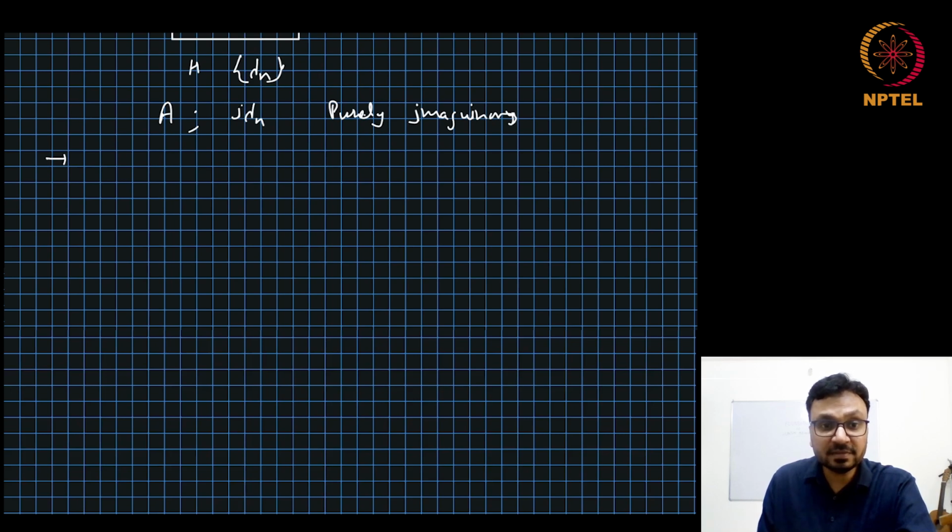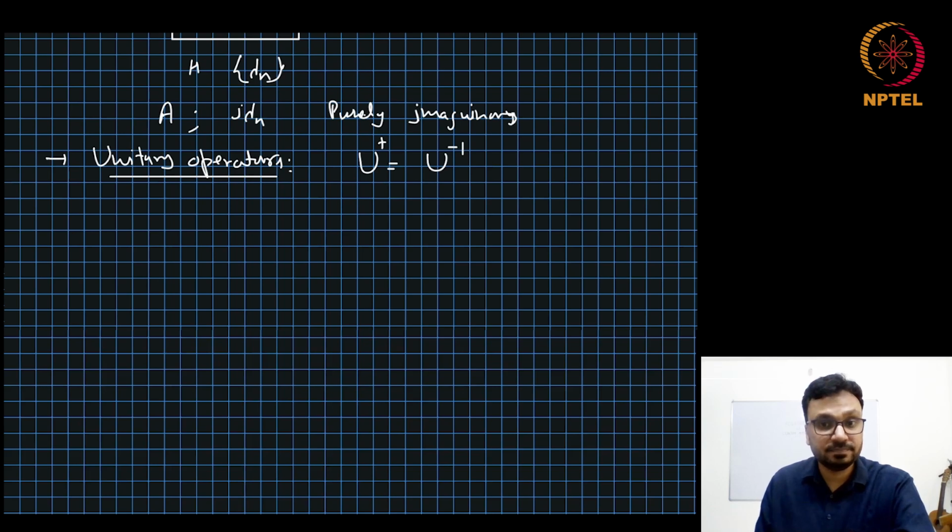Next class of operators which are of interest to us are the unitary operators. An operator U is unitary if the adjoint of U is the inverse of U. Or in the more familiar way of writing, U times U dagger equals U dagger times U equals identity.